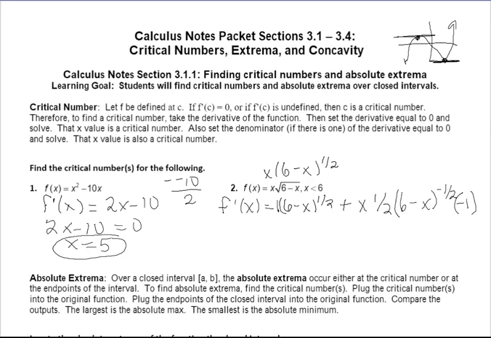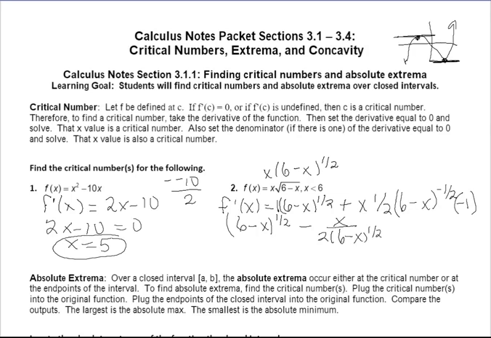So putting that together, I'm going to have 6 minus x to the 1/2, and this negative 1 is going to be there, so it's really going to be minus x over 2 times 6 minus x to the negative 1/2.